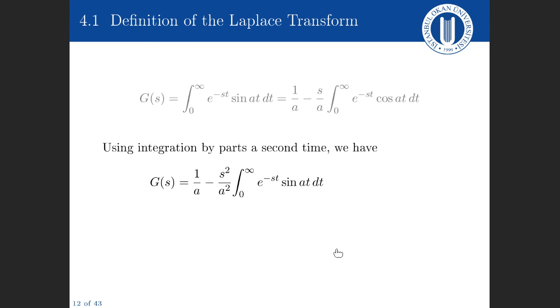And I'll leave this for you to check. I'm not going to do the details here. You can check that if we do integration by parts on this integral, we get another s over a, and then we get integral of e to the power minus st sine at. But this is what we started with. This is just g of s.